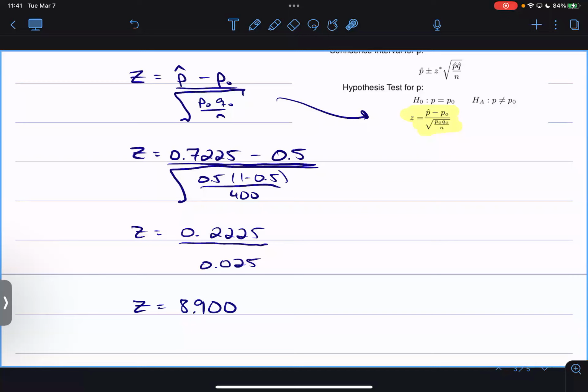So 0.7225, right? It's unlikely that it came from a distribution centered on 0.5. Very unlikely.